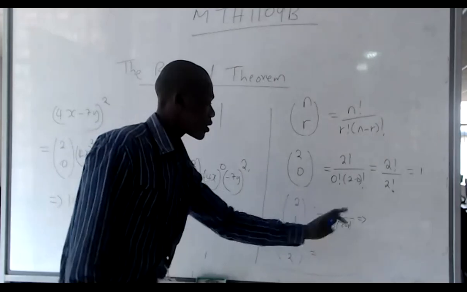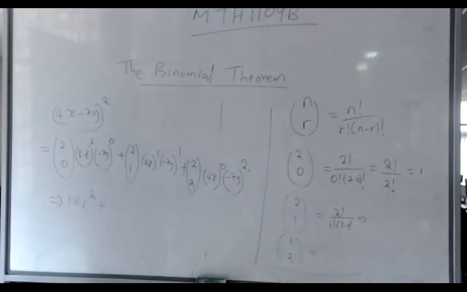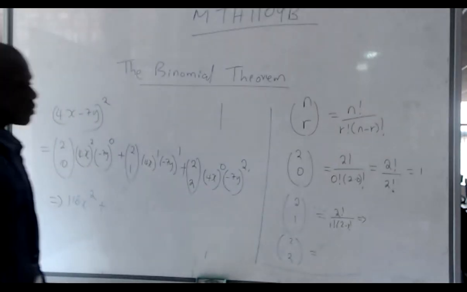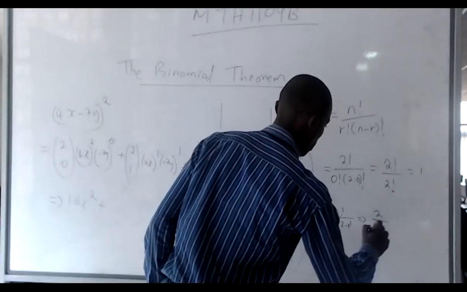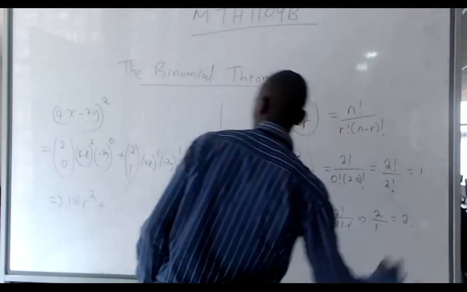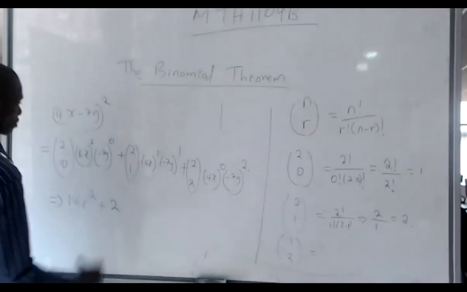What's the final answer at the end of the day? Because up here you have 2 factorial, which is 2, and then down 1 times 1, which is 1, so that's 2. So here we have 2.